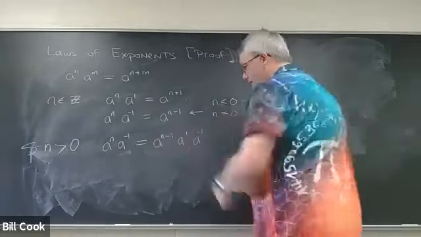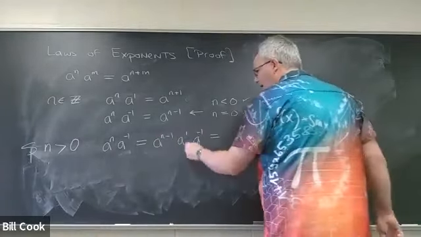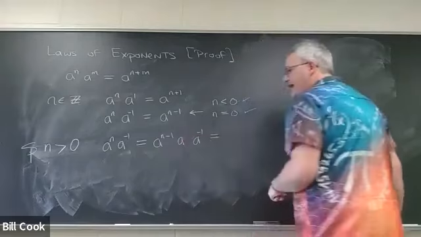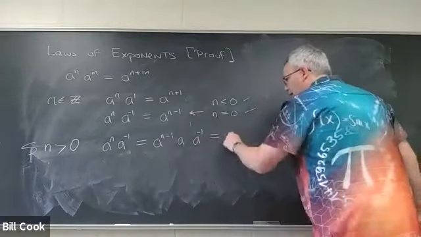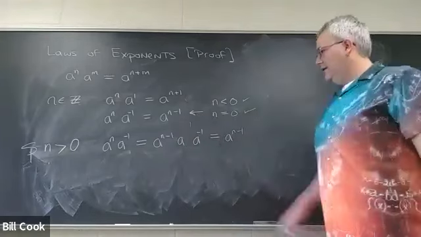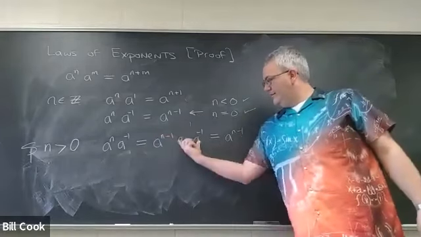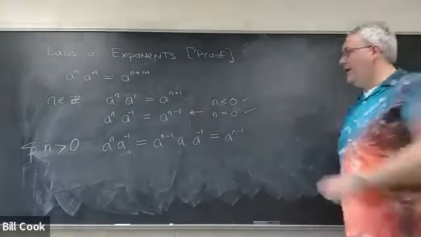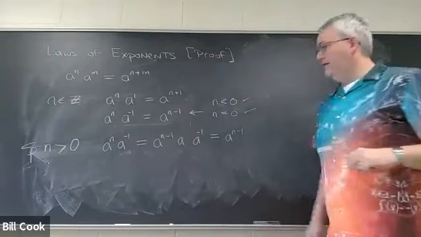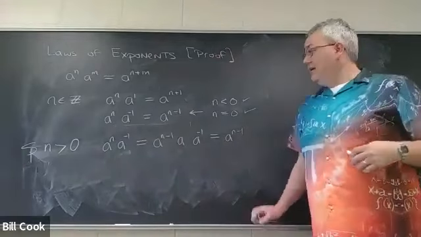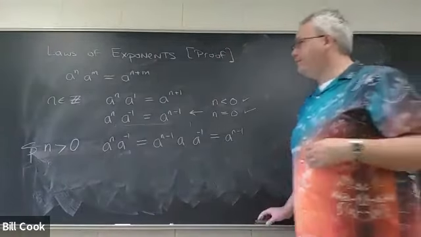Anyway, we already know this case. And here we have A times A inverse. That's the multiplicative identity. And so by definition, anything times the multiplicative identity is itself. And there we go. Now we have established going down by 1 for an arbitrary A to the n.